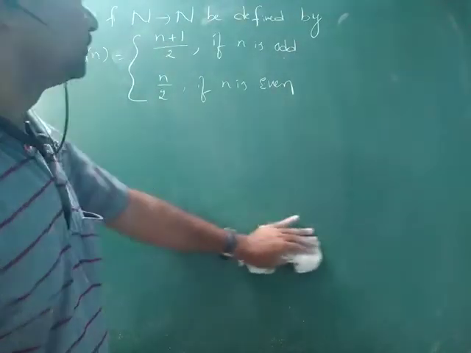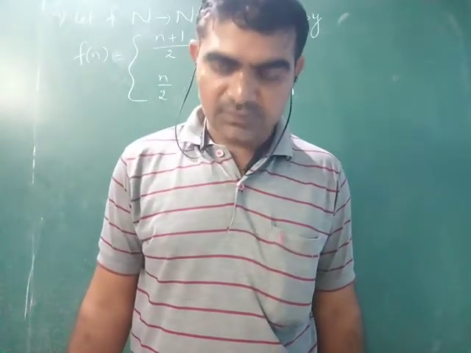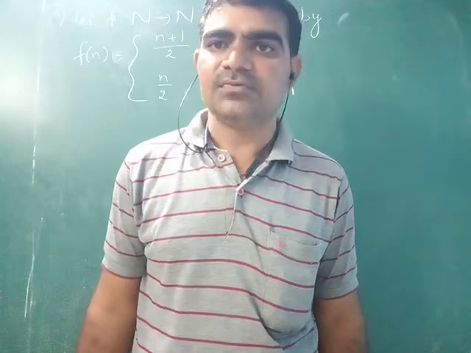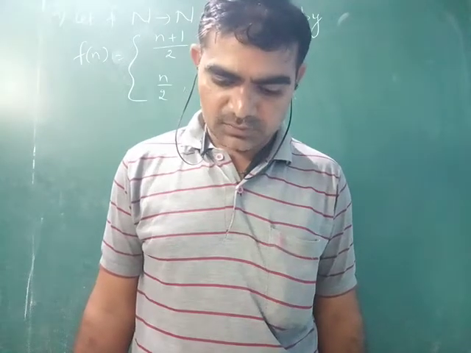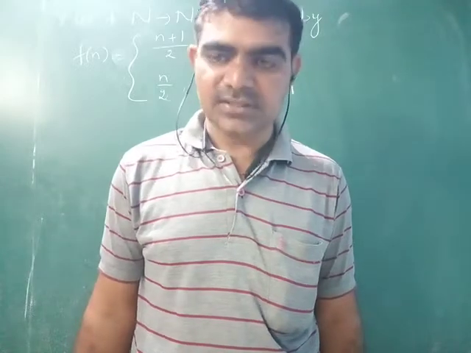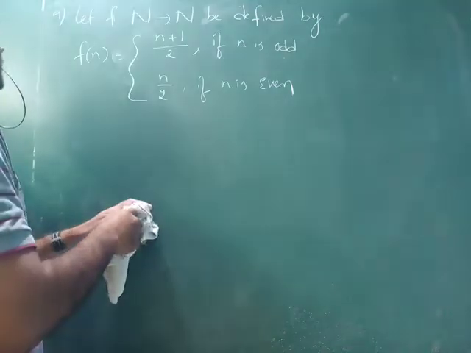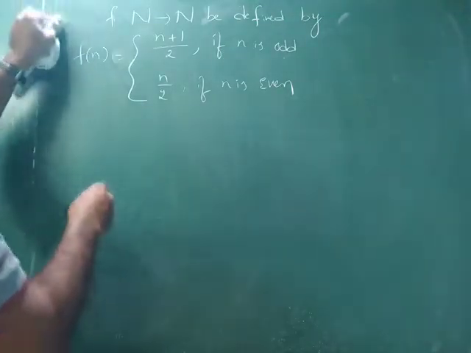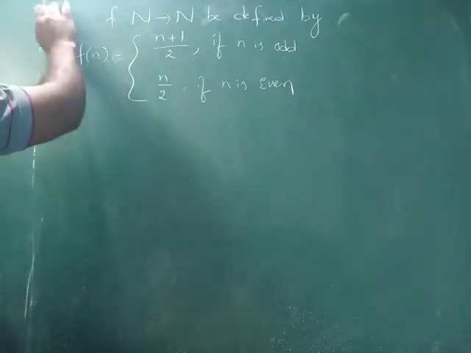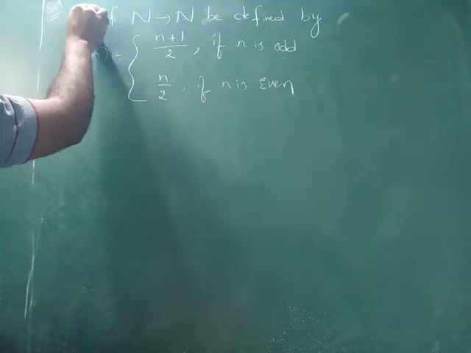Okay. Once again, let f from N to N be defined by f of n equal to (n plus 1) by 2 if n is odd, n by 2 if n is even, for all n belongs to N. State whether the function f is bijective. Justify your answer. Okay, very easy.